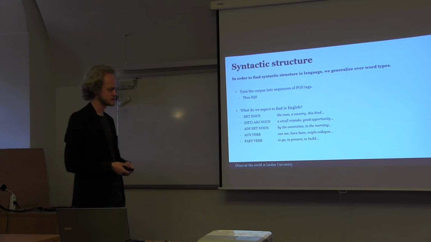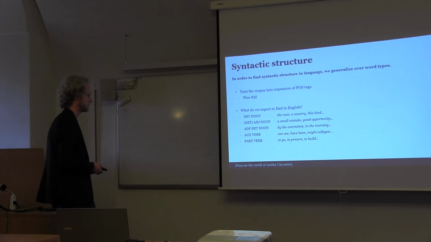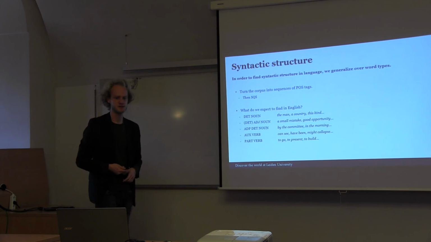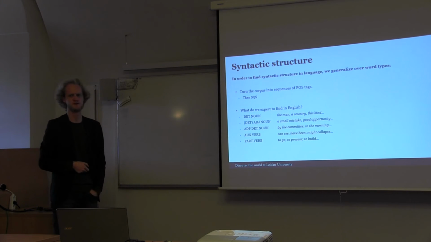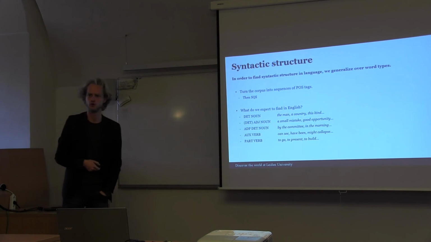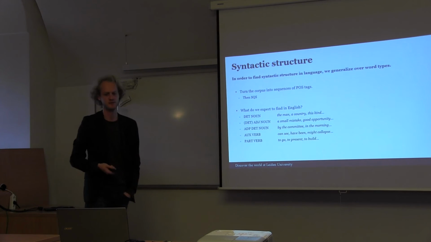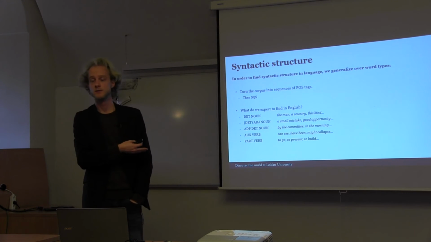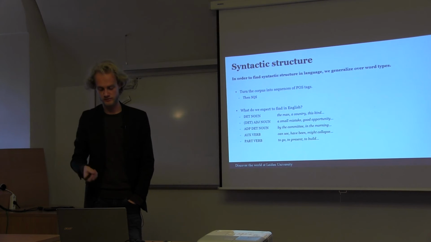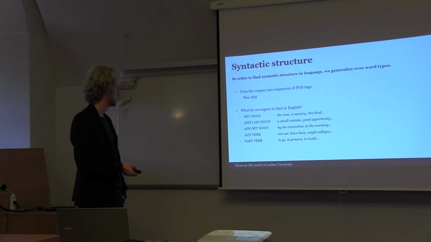So before we do this, let's think very briefly about what we expect to find in English. Well, first of all, we expect to find determiner noun because it's there all the time. For example, the man, a country, this kind, or adjective noun, maybe with the determiner in front of it, a small mistake, good opportunity.